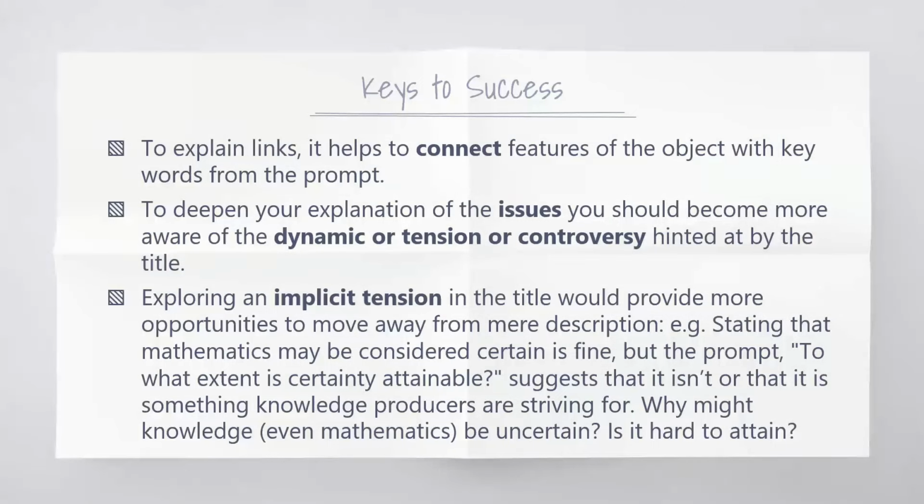You need to make certain that your link connects features of the object with the keywords from the prompt. If you are struggling to deepen your explanation, try to go back and consider the dynamic or the tension or the controversy hinted at in the title. You might need to do that by looking at the implicit elements of that particular prompt. They provide some ideas for what you can do.